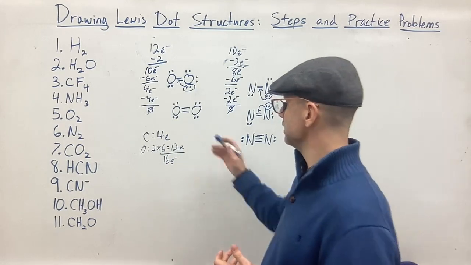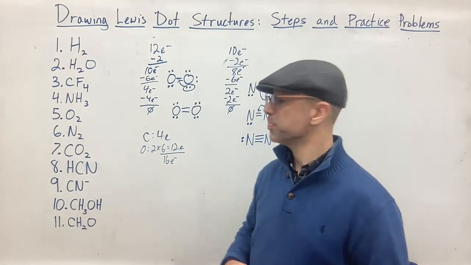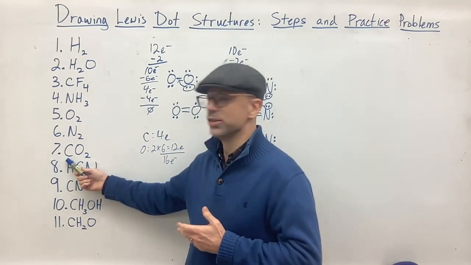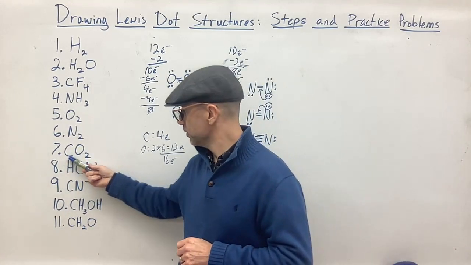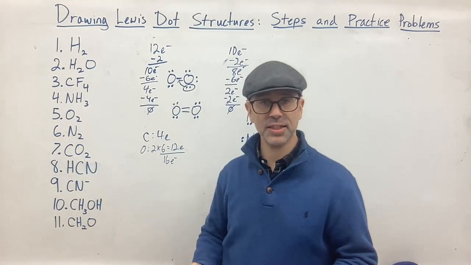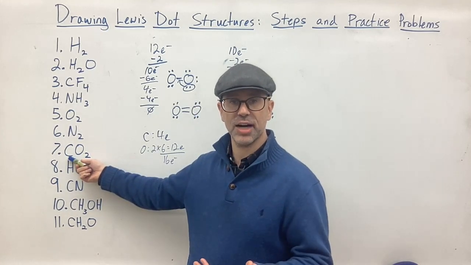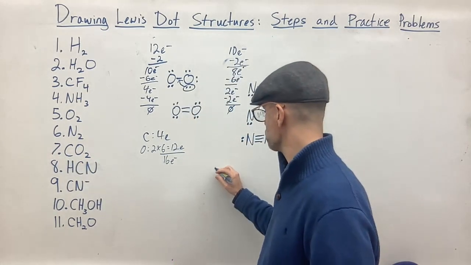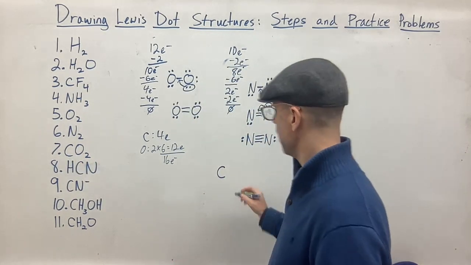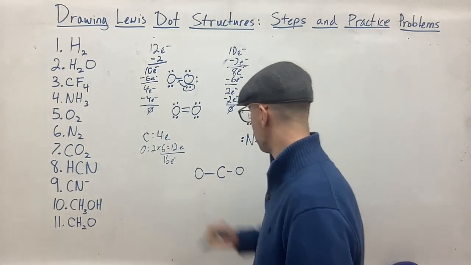Okay, so that's step 1. Step 2, set up the skeletal structure. Remember, the least electronegative atom is the central atom. Carbon is less electronegative than oxygen. It's also written first, which is usually the atom that's the central atom. So carbon is going to be my central atom, and I'm going to bond the oxygens to the carbon.